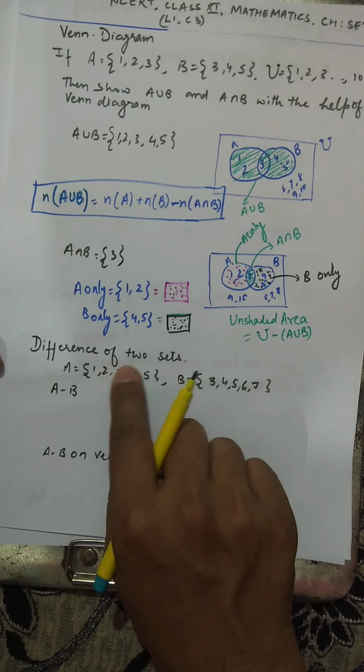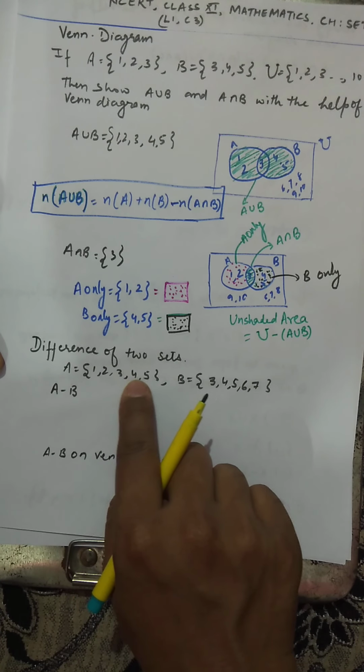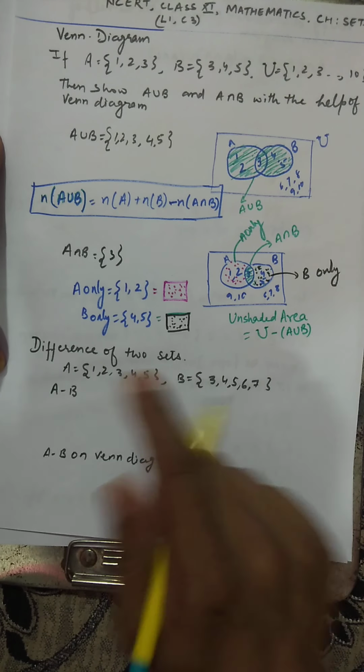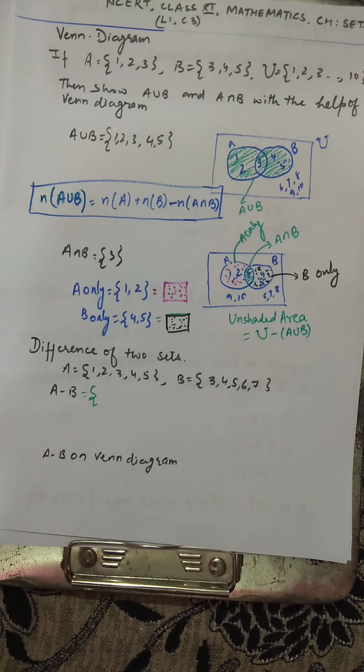Now take the difference of two sets. If A is 1 2 3 4 5 and B is 3 4 5 6 7, then A minus B means, I'm first going to define this, and after this I'll calculate it for you.